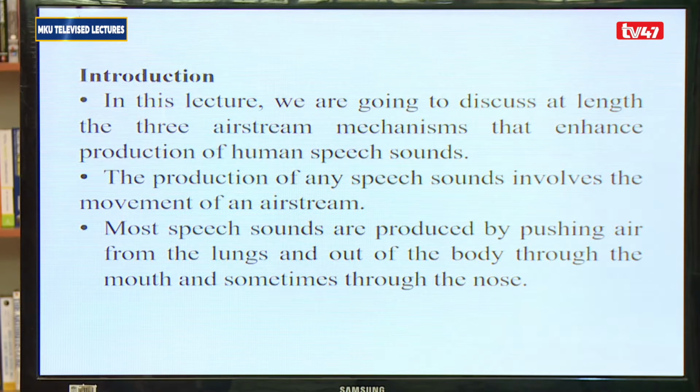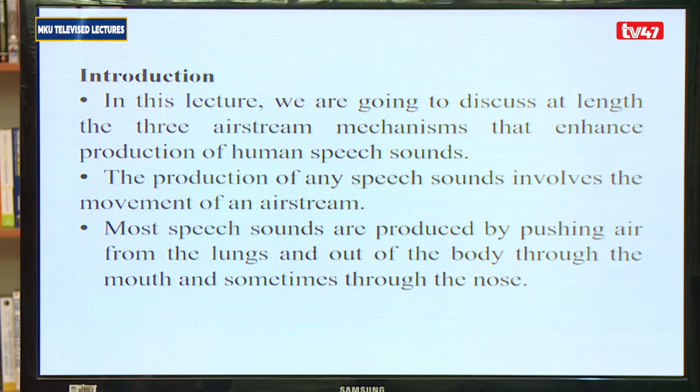So at length, I would like us to focus on airstream mechanisms that help us in the production of speech sounds. The production of speech sounds involves the movement of an airstream, air flowing. Whenever we are articulating any words, there must be a flow of air.